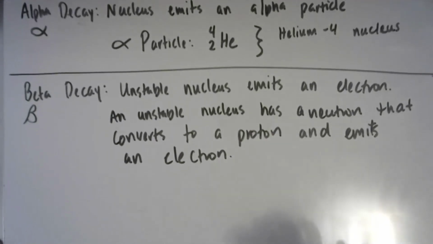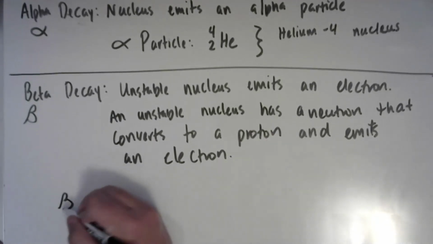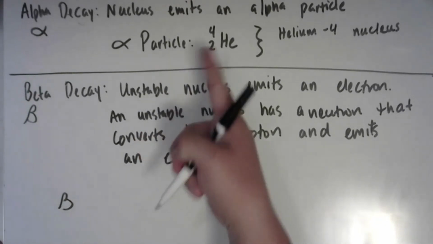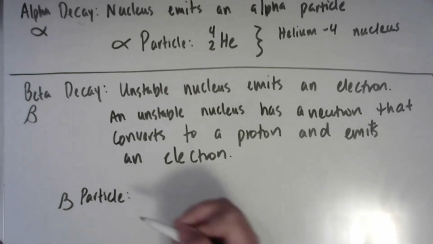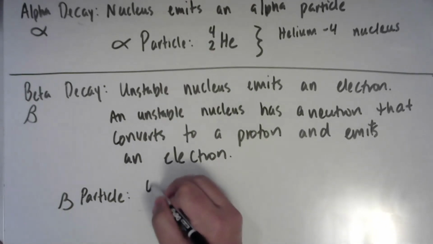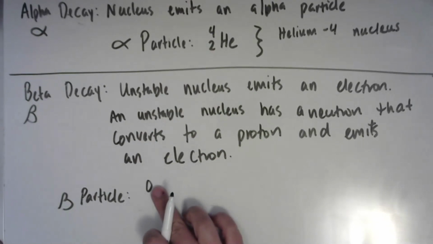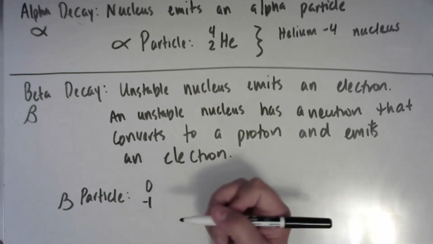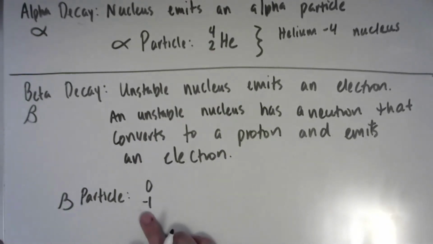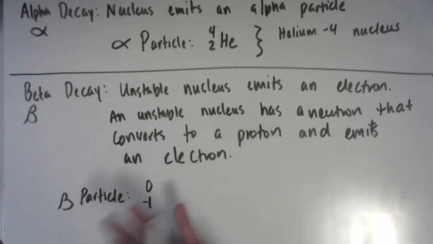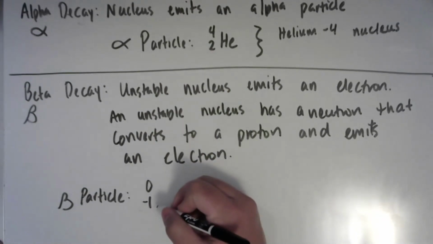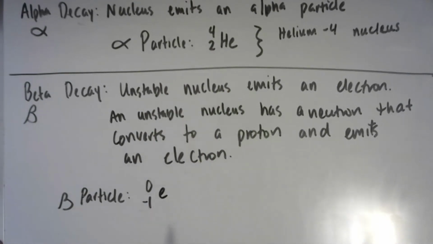Like you saw with the alpha particle, the beta particle has its own notation also. The beta particle is going to be 0 where your mass number would go, and -1 down here where your protons would go, because it's representing an electron, which is kind of your opposite. And then we have the little e. So this represents an electron that's going to be emitted.